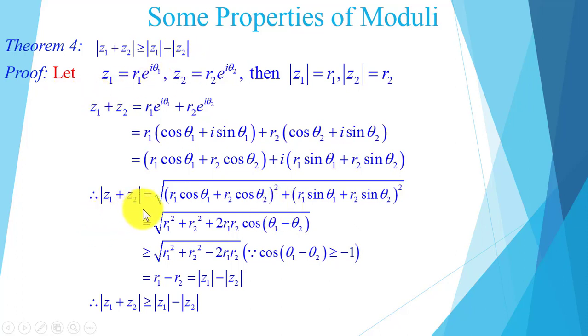Therefore, modulus z1 plus z2 is equal to square root of (r1 cos theta 1 plus r2 cos theta 2) whole square plus (r1 sin theta 1 plus r2 sin theta 2) whole square, which is equal to square root of r1 square plus r2 square plus twice r1 r2 cos (theta 1 minus theta 2), which is greater than or equal to square root of r1 square plus r2 square minus twice r1 r2, as cos (theta 1 minus theta 2) is greater than or equal to minus 1, which is equal to r1 minus r2, which is equal to modulus of z1 minus modulus of z2.